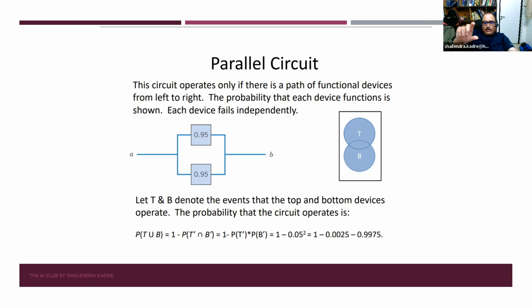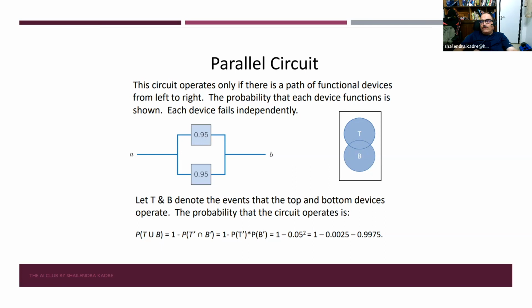P T union B will be PT plus PB minus PT intersection B. Now here, PT and PB are both 0.95.